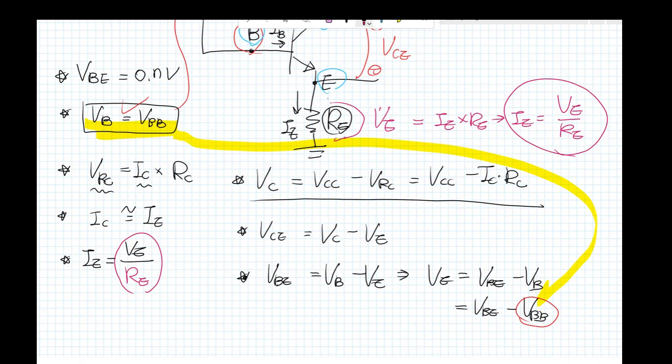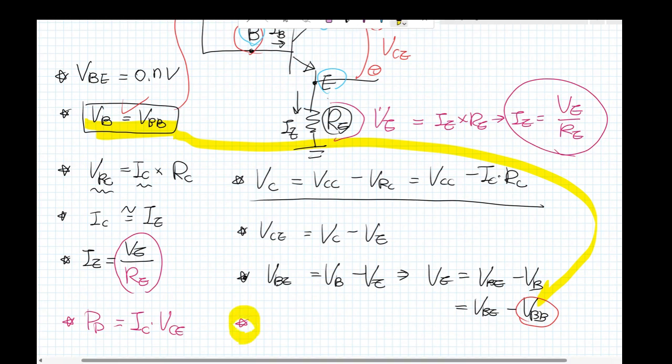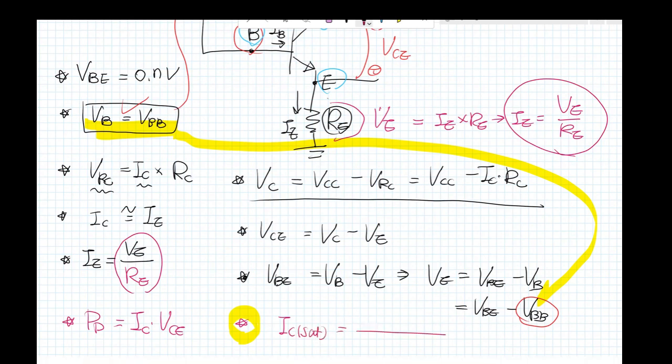And then for the emitter bias, the power distribution is the same: I sub C times V sub CE. But there are different ones, important. I'm gonna have the red one here. For this case, the I sub C saturation current formula is different.